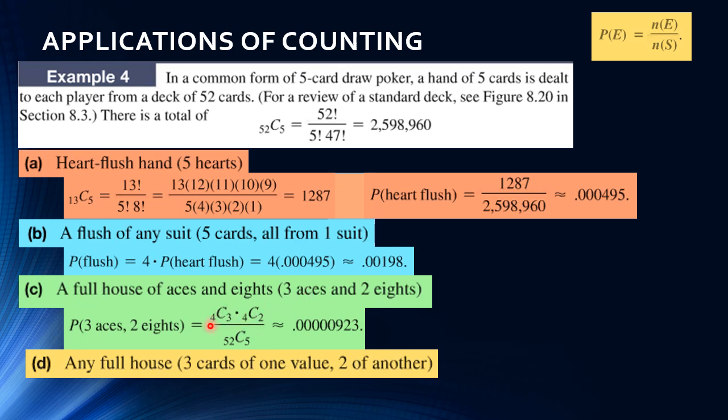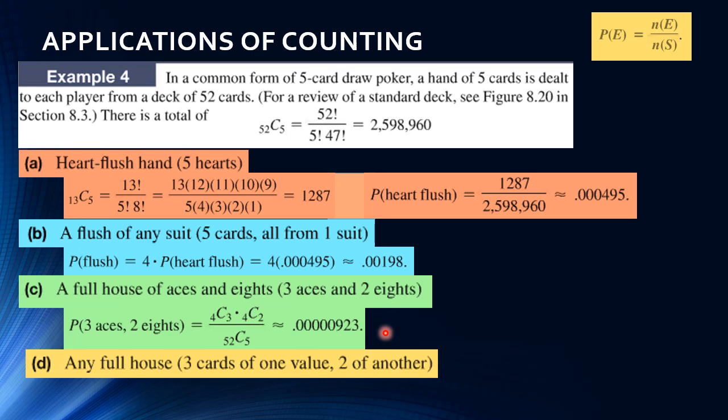So we have the combination of 4 things taken 3 at a time. There are 4 8s in a deck: diamonds, hearts, clubs, and spades. And so we want the combination of 4 things taken 2 at a time, and this is our numerator. Again, our denominator is just the combination of 52 taken 5. And so here we get the probability of approximately 0.00000923.